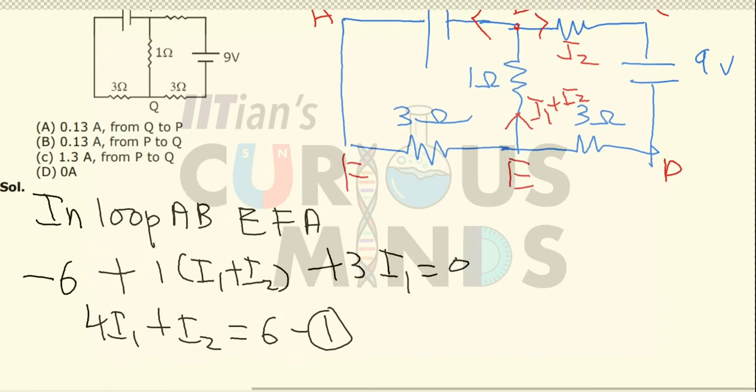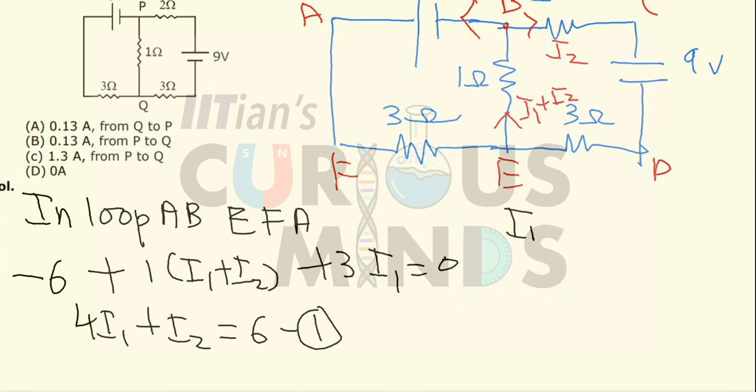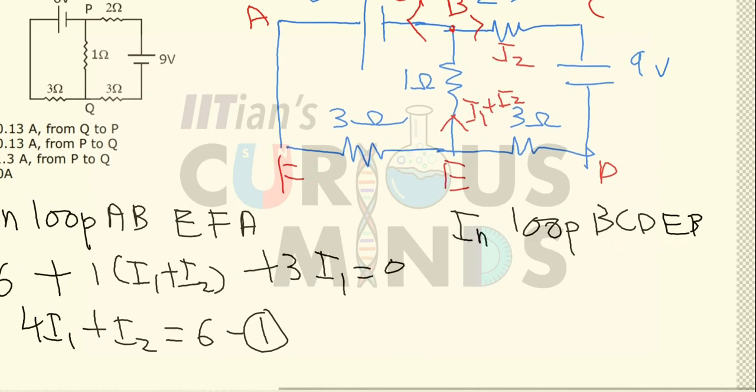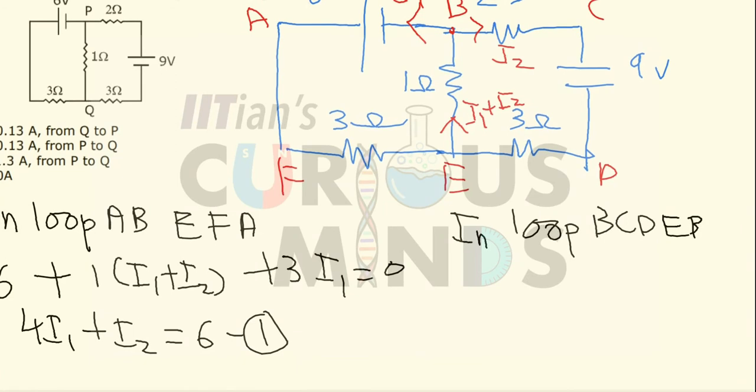Similarly, I will apply Kirchhoff's voltage law in loop B, C, D, E, B. B to C, it will be negative since we are going in the direction of the current, so it will be negative 2 I2. While going from the 9 volt battery, we are going from positive to negative, so it will be negative 9.